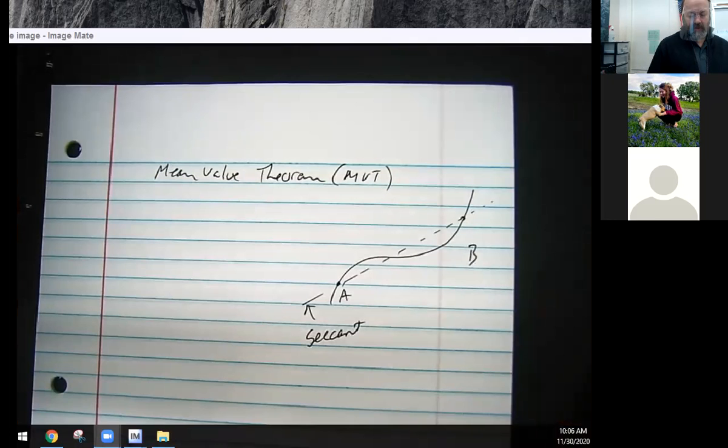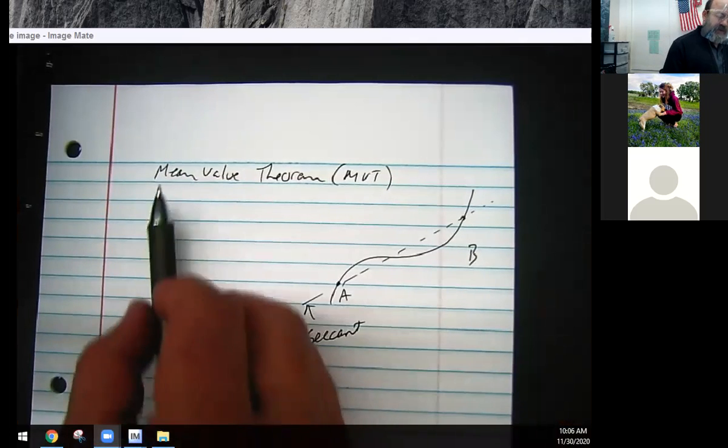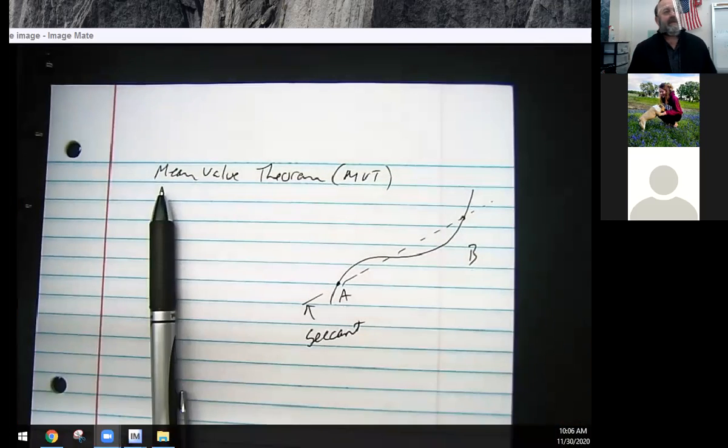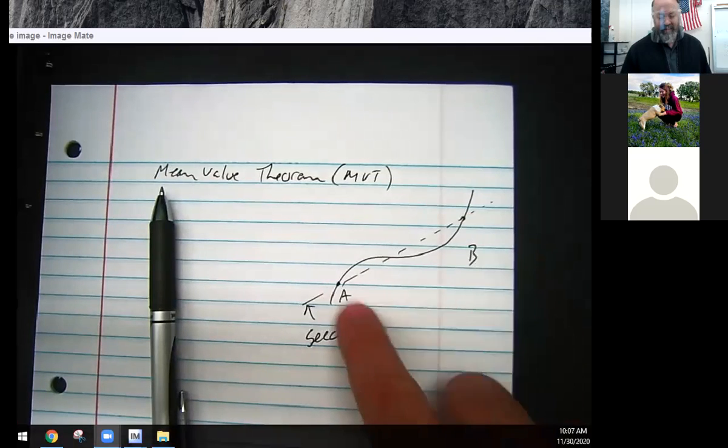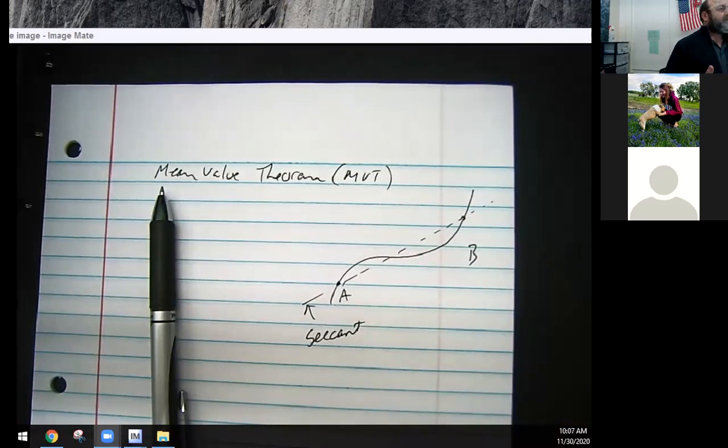Going back to earlier days, we used the word average, but didn't we talk about average rate of change in here a while ago? So if I were to find that line, wouldn't that line be the average slope over that interval?